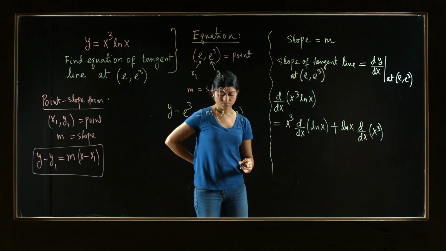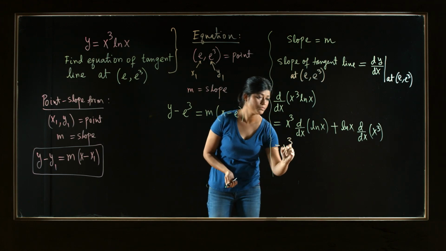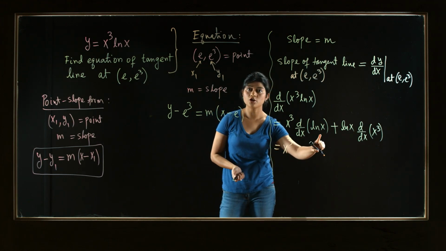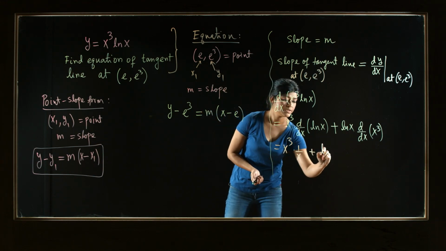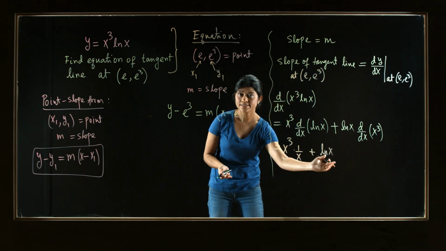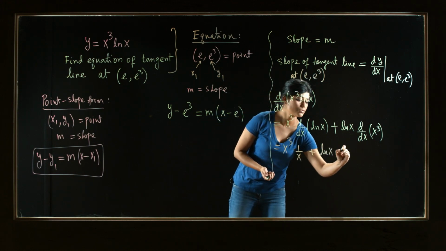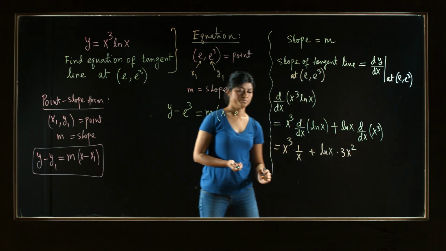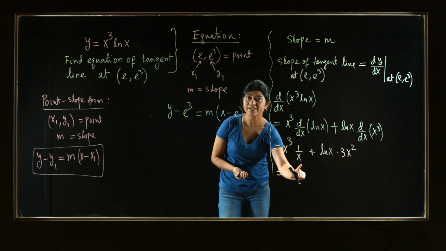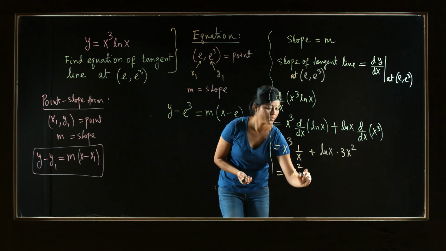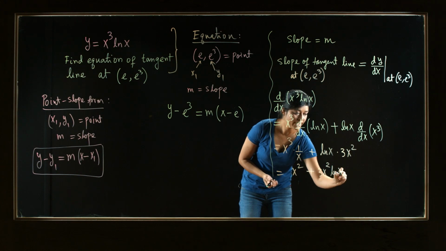Let's simplify this. So we have x cubed. What is the derivative of natural log of x? It's just 1 over x, plus natural log of x stays as it is. And what is the derivative of x cubed? Using the power rule, it is 3x squared. If you simplify a little more, x cubed divided by x is x squared, plus 3x squared natural log of x.